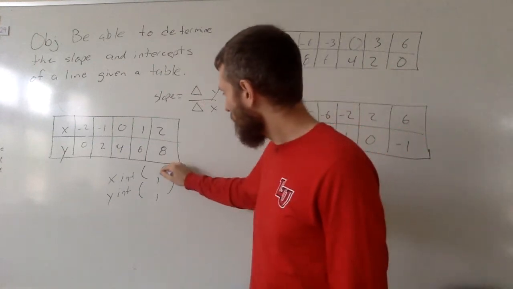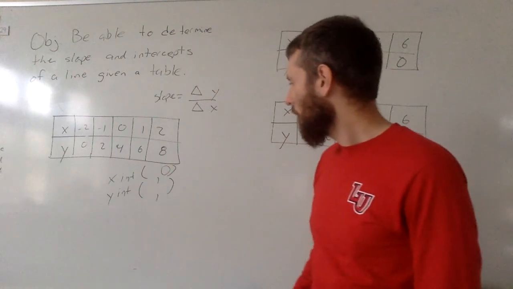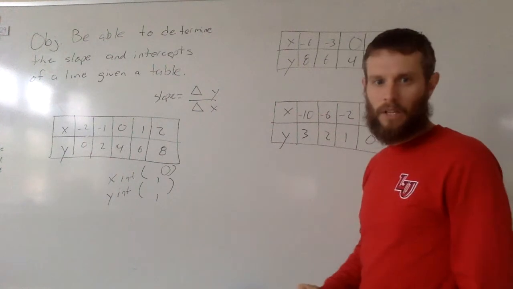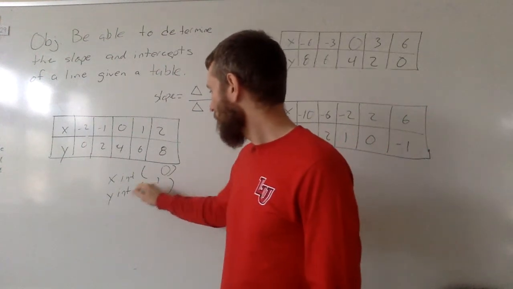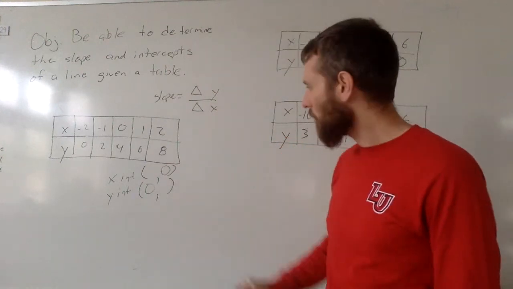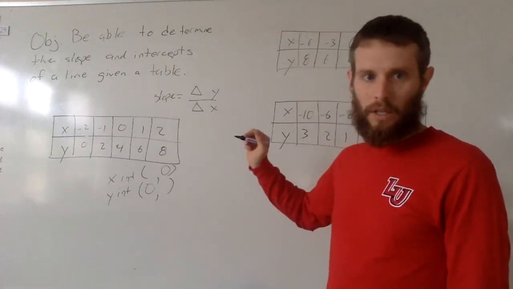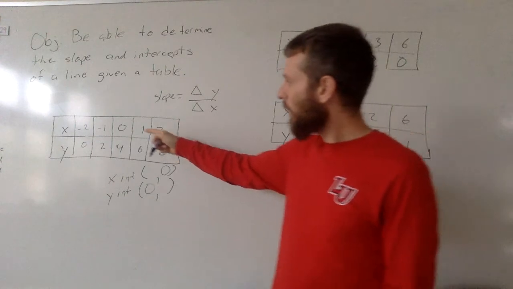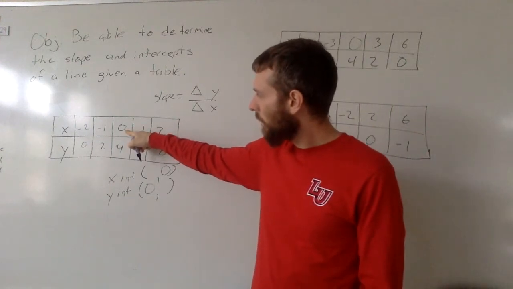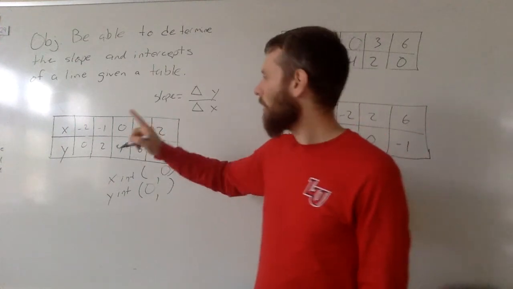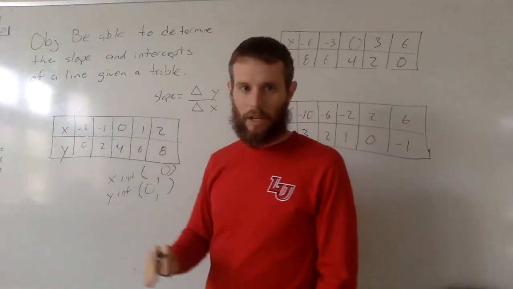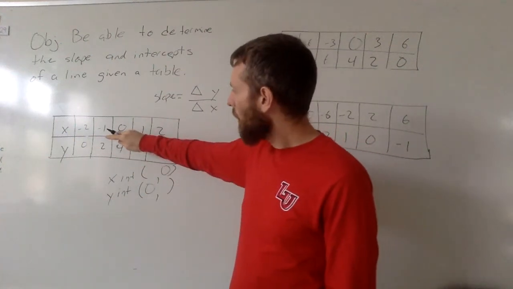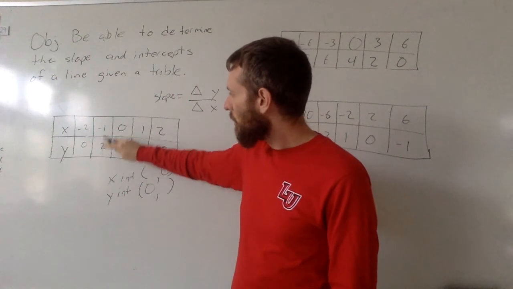For the y-intercept, the x is 0, so 0 comma something. If we have a table and the table already has a 0 for x, let me back up. We have a table. There's already a 0 for the x.